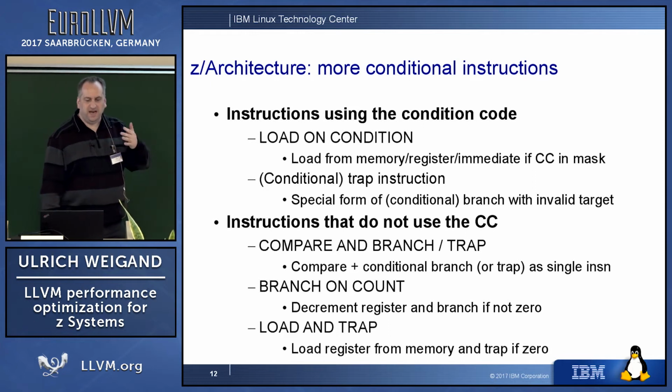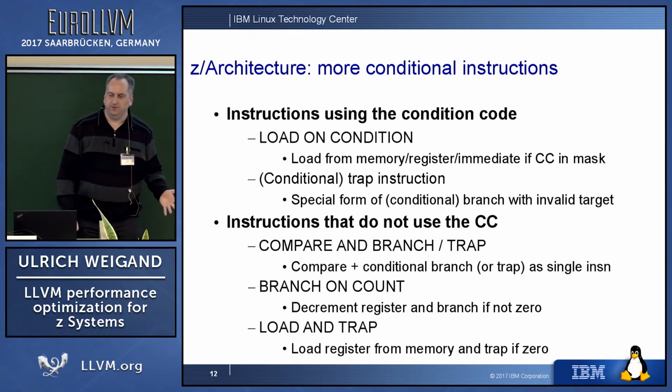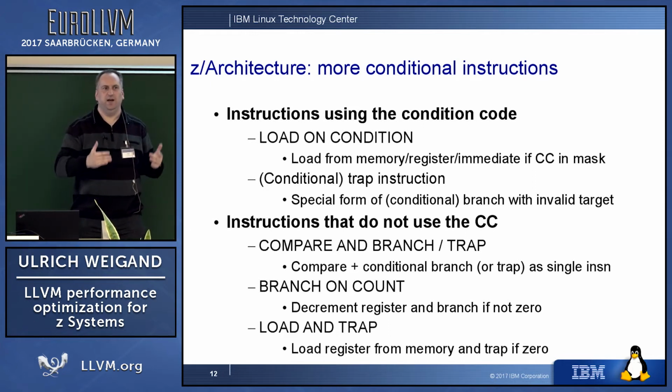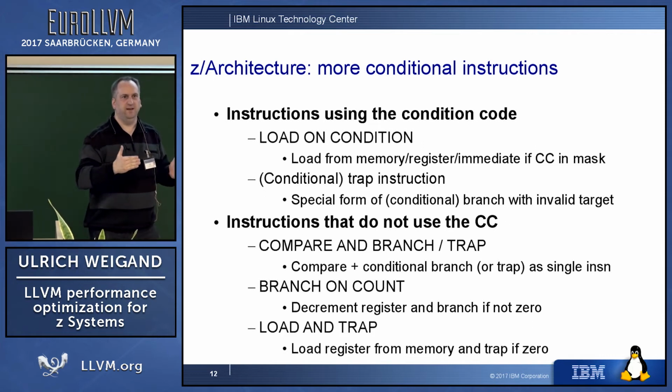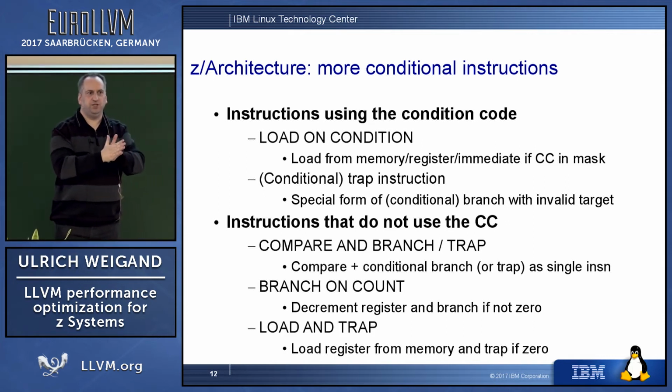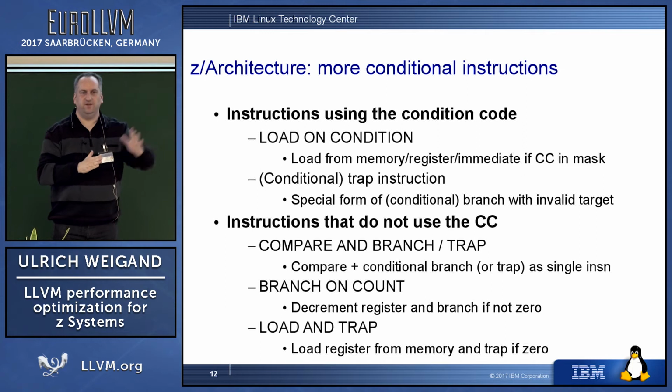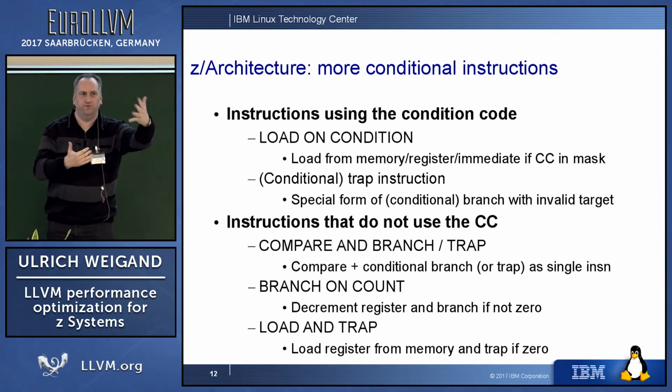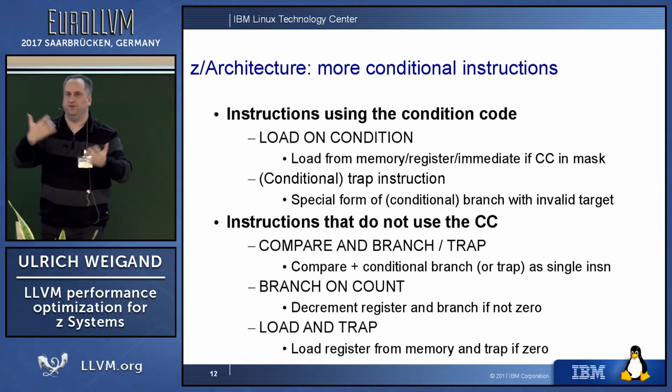Now, once you have set the condition code, you can use it in a conditional branch. And a conditional branch basically just says branch to this other address if your condition code was 0 or 1 or 2 or 3. So you have 4 bits, each bit in the mask corresponding to one of those 4 values, and you can have any of those combinations.